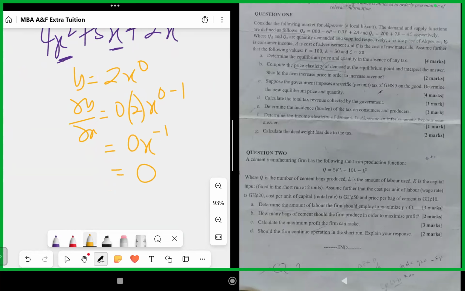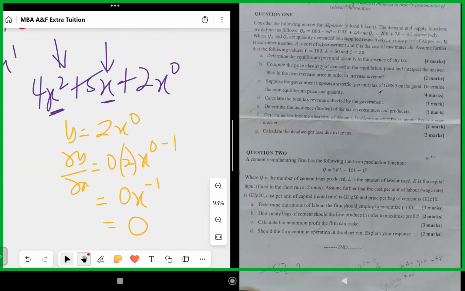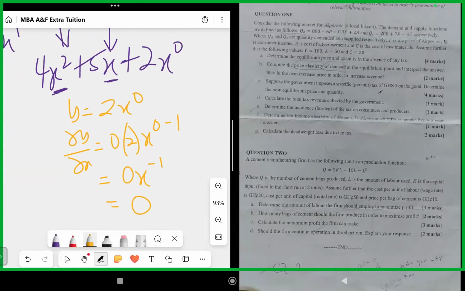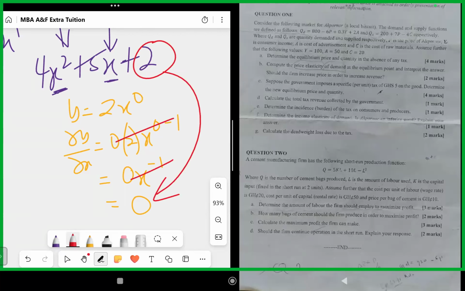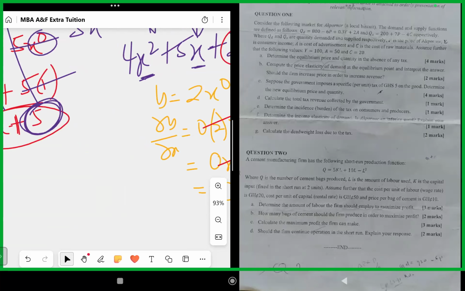0. What it simply means is that whenever you are differentiating a constant like this, the final answer is 0. So there's no need for you to do all this. It's 0. The same way, when you are differentiating a variable with an exponent of 1, the derivative is the coefficient.